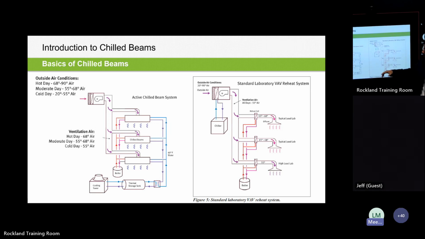You might have some diversity there where you're designing for a certain percentage of those fume hoods to be fully open. And the ventilation air can swing. So they're showing, whether it's a cold, hot, or even moderate day, that you can adjust that outside air ventilation air temperature, go into those chilled beams, and then you're just providing the heating or cooling locally at the chilled beam.